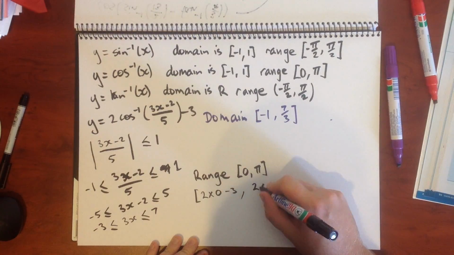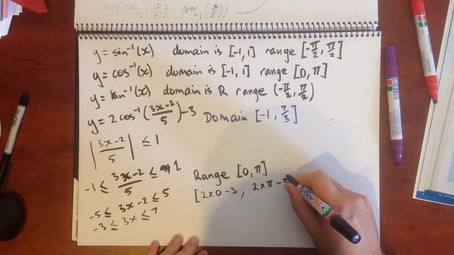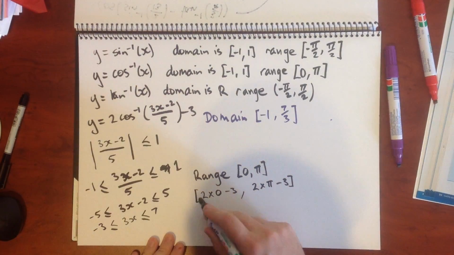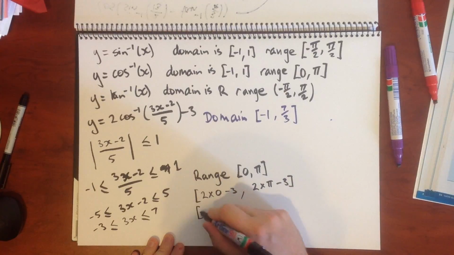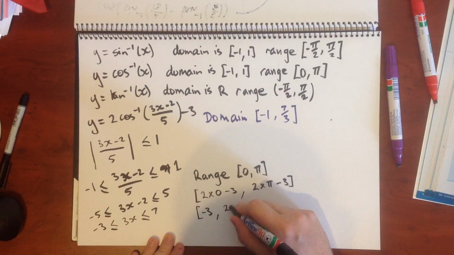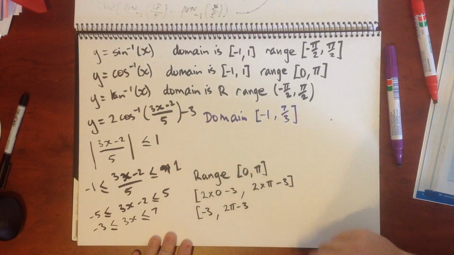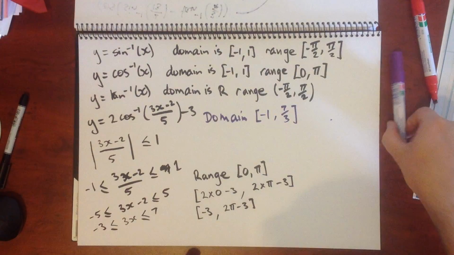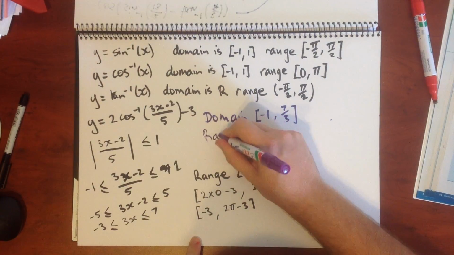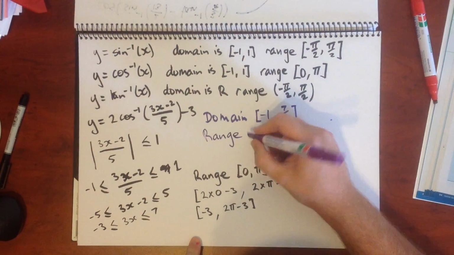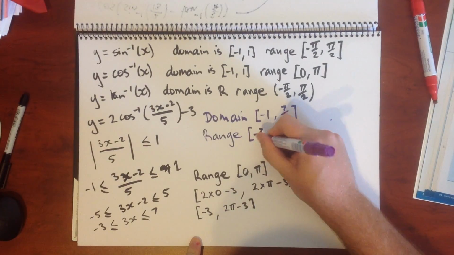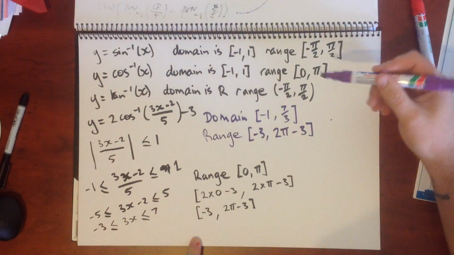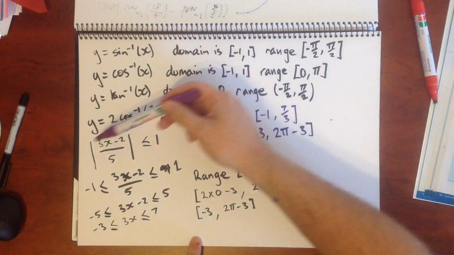So when we end up doing that, we find that 2 times 0 is 0, take 3 is negative 3, to 2 pi minus 3, which is an odd looking range, but that's fine, that's the way it works sometimes. So our range ends up being that.